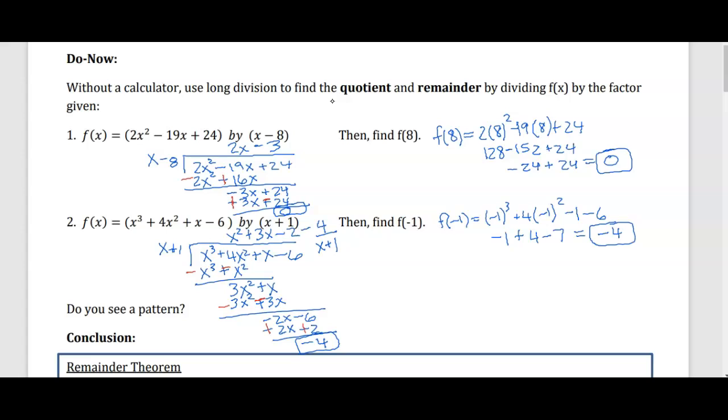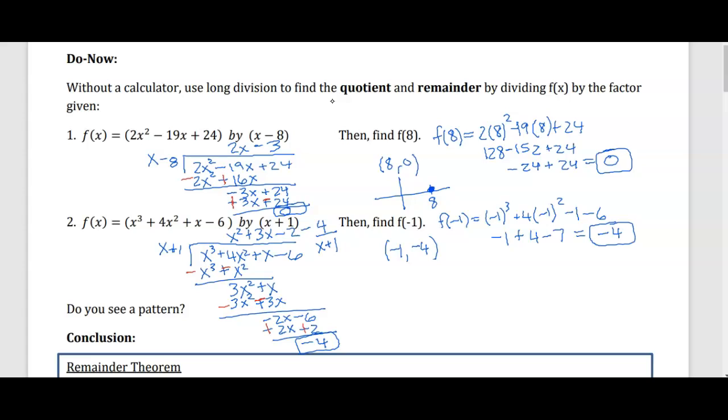When we evaluate the function, that function value is a point, right? (8, 0) for the first one, and (-1, -4) for the second one. So when we do this division, what we're finding when we find the remainder is the actual y value of the function. So here for number 1, if I go to graph that at x equals 8, I have a 0 in my function.